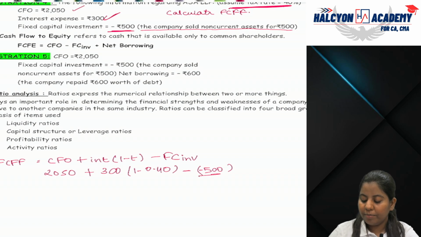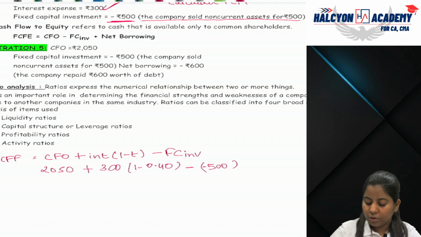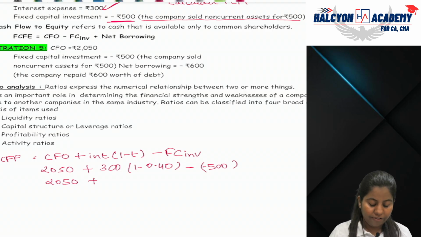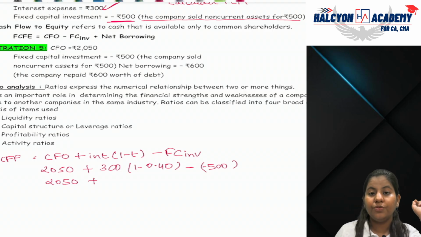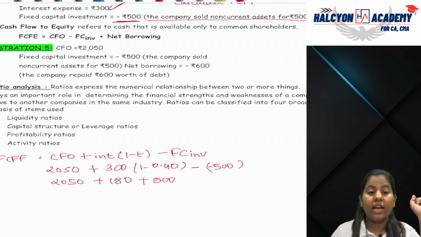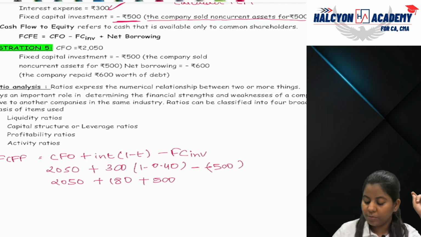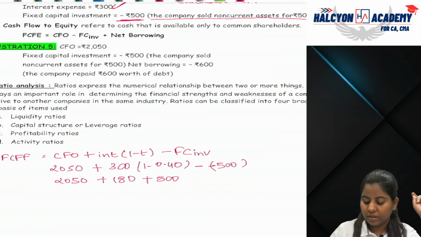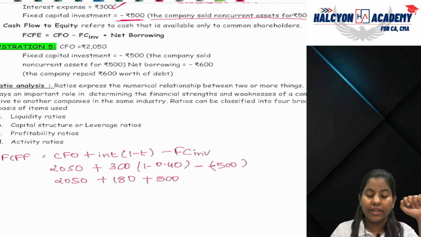It is already given in minus, so we will take it in minus only. So 2050 plus 300 net of tax, 300 minus 40%, it will be 180. Then add 500 rupees because it is cash inflow. Minus minus plus. Please calculate it.